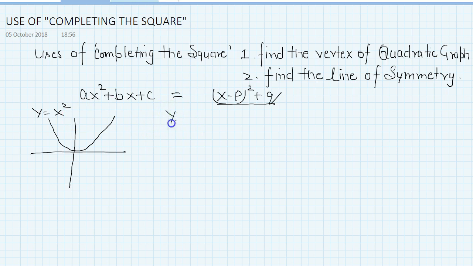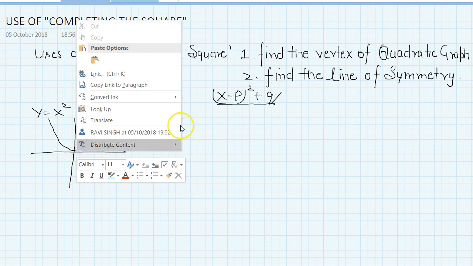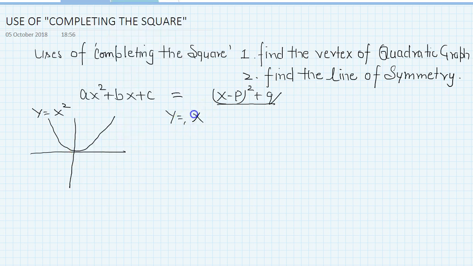The vertex is at 0, 0. Now if I have to draw the graph y is equal to (x plus 2) square, my vertex will shift to the negative side of 2. So this is 1, this is 2, so the graph will be, this is the graph of y is equal to (x plus 2) square.